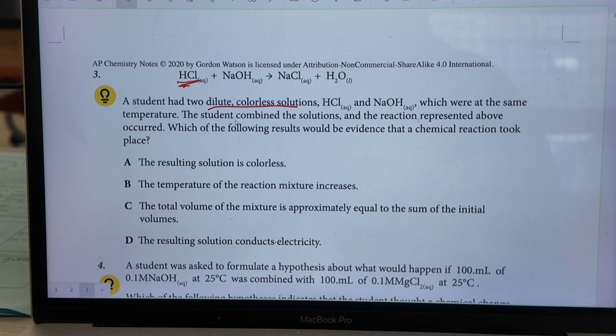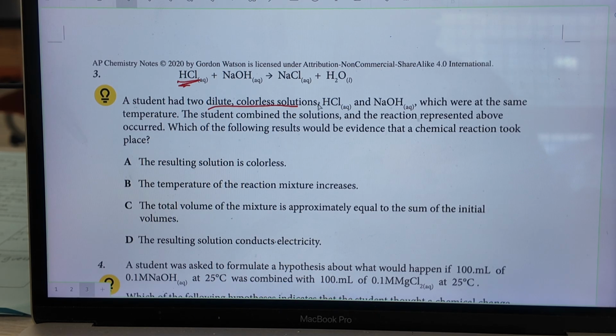That means they were diluted in water, and they're colorless. So they were colorless, and because they were dilute, I would say the temperature is making the mixture increase.